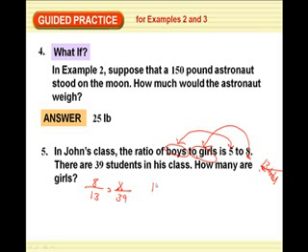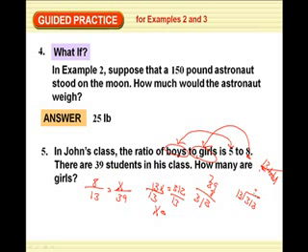So it's going to be 13x equals 39 times 8, which is 312, divide by 13. 13 into 312 goes 24 times. So there's 24 girls in that class.